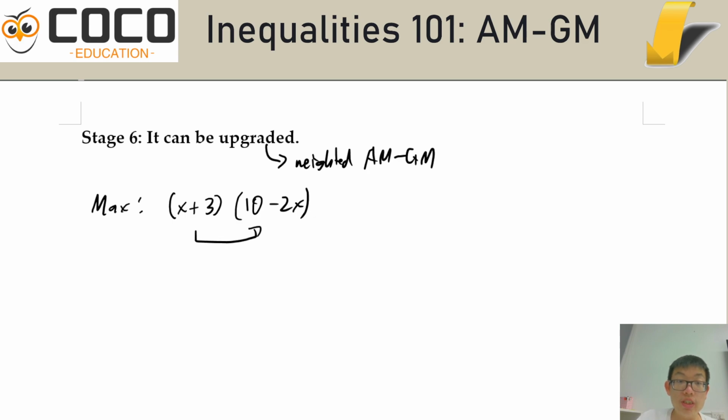Do these two have a fixed sum? No. But this is a bit contrived, right? Because actually you just factor out a 2. And so now you would be able to use AM-GM.